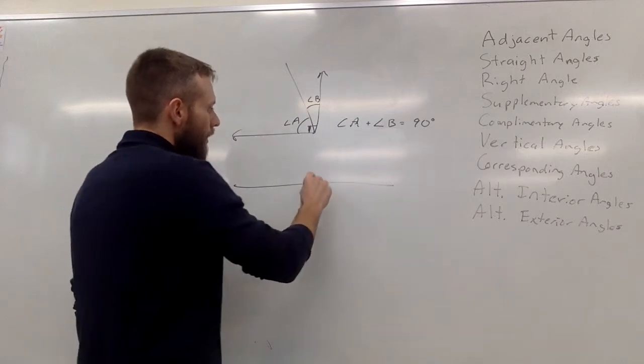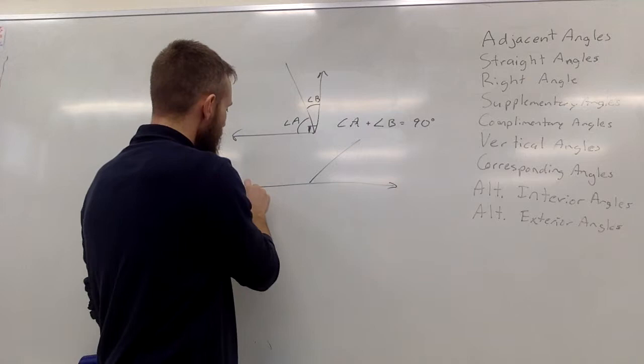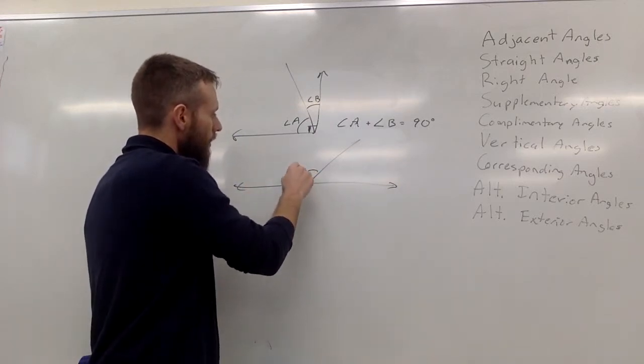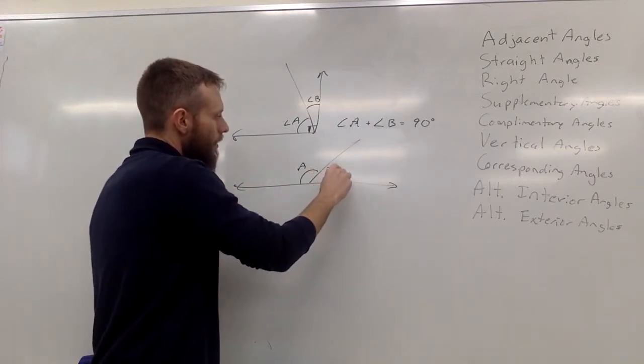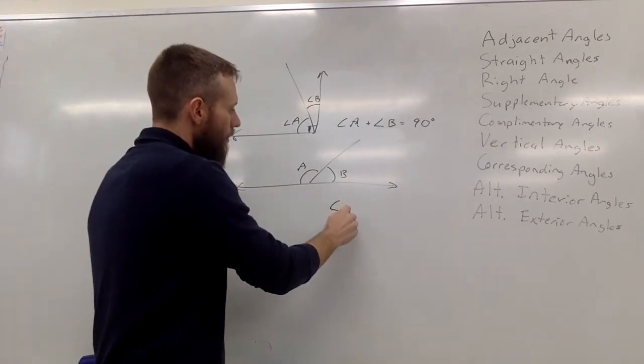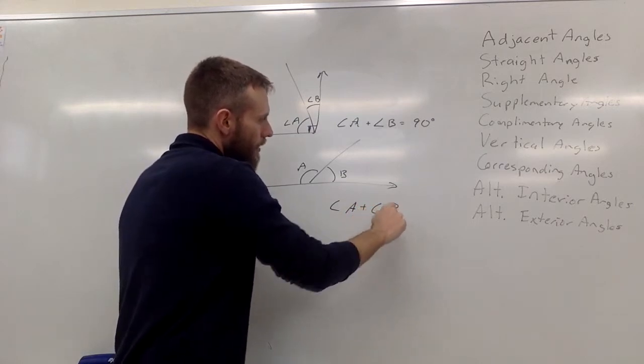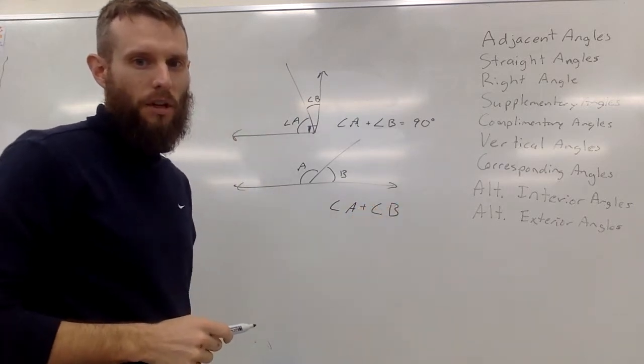And then a similar idea with a straight angle. In this case, we'll say this is angle A, and this is angle B. We know that these two angles added together equal 180 degrees. Those are called supplementary angles.